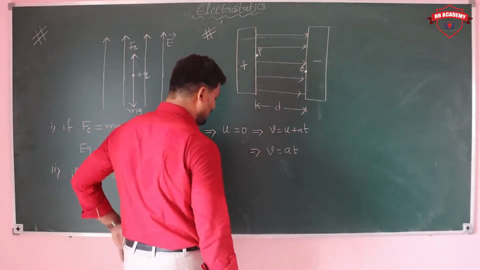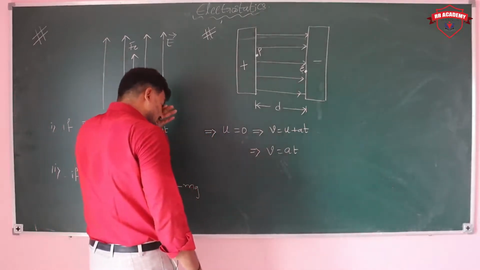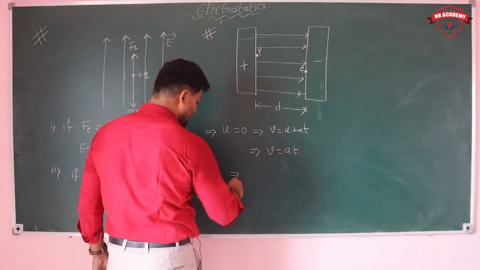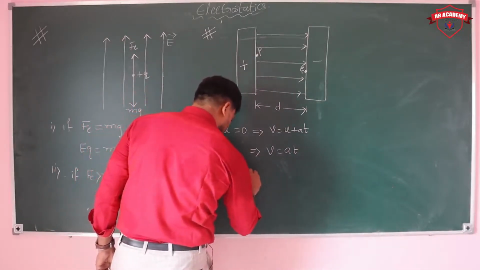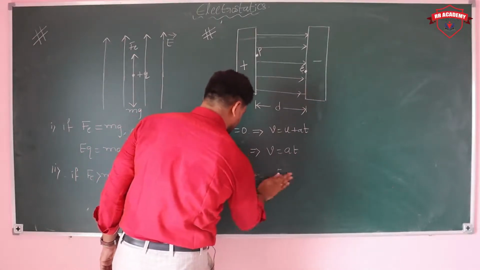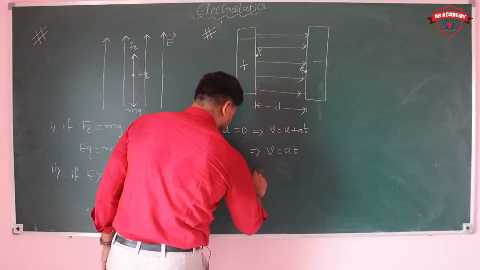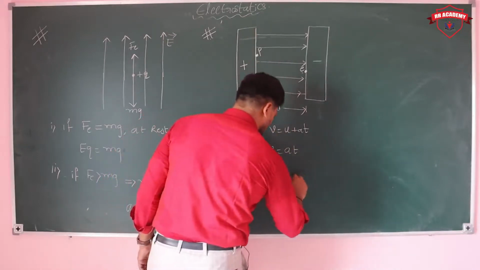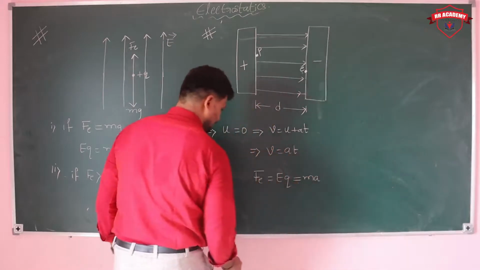First of all, try to get the acceleration of each one. For the electron, electrostatic force is equal to Eq, which is equal to m into a.